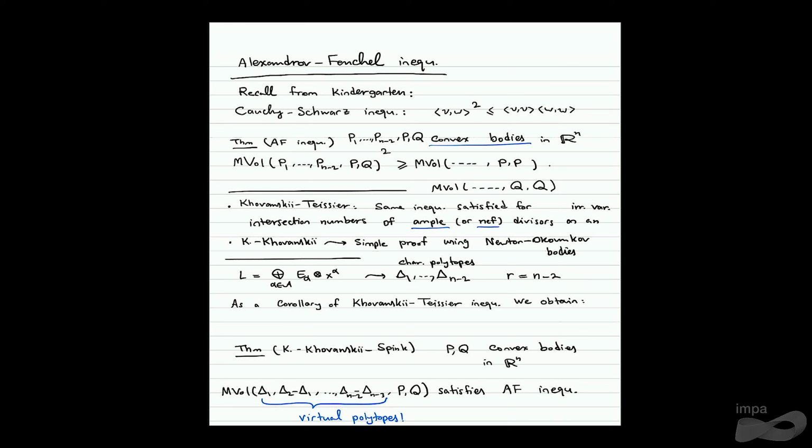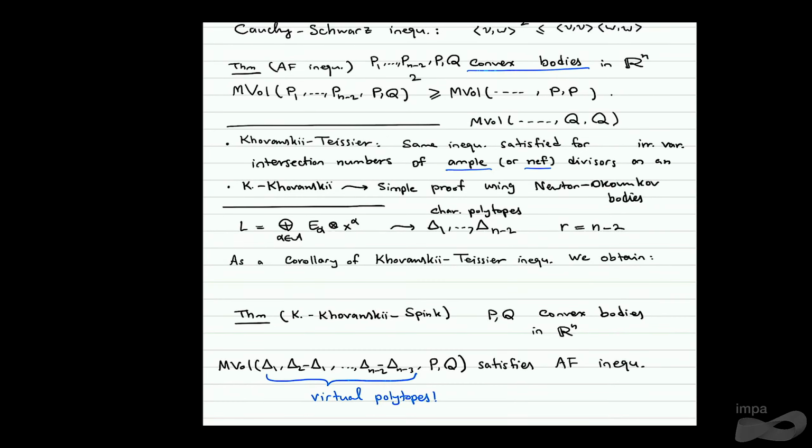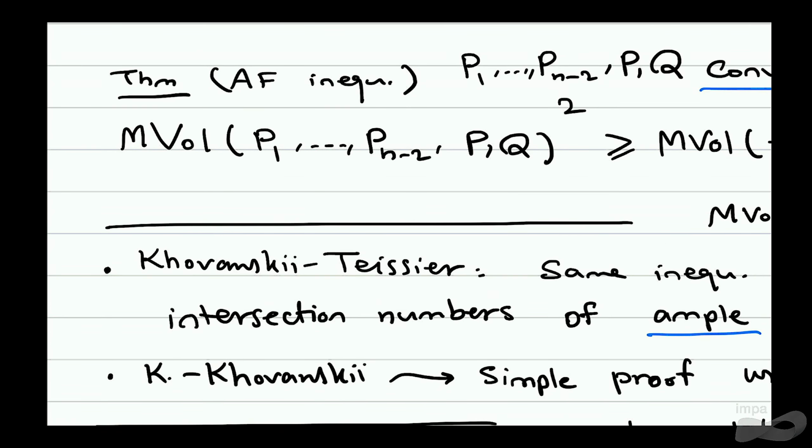It is an extension of the usual Alexandrov-Fenchel inequality, because there it's absolutely important that you have polytopes, which for fancy algebraic geometers correspond to nef or ample divisors.